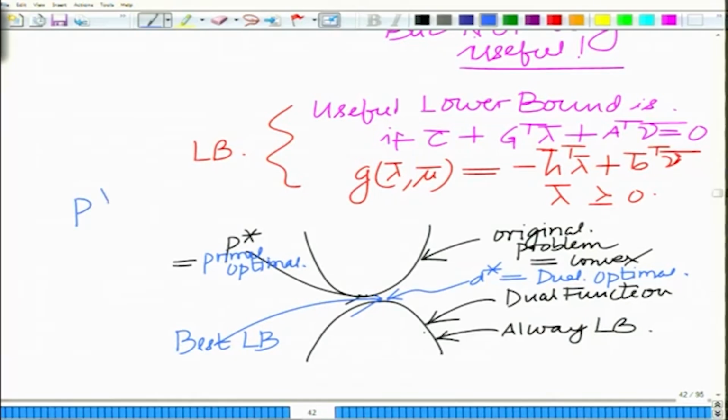And of course, if D star equals P star, that implies that the duality gap is 0. The primal optimal equals the dual optimal. Okay. P star equals D star implies duality gap equal to 0.